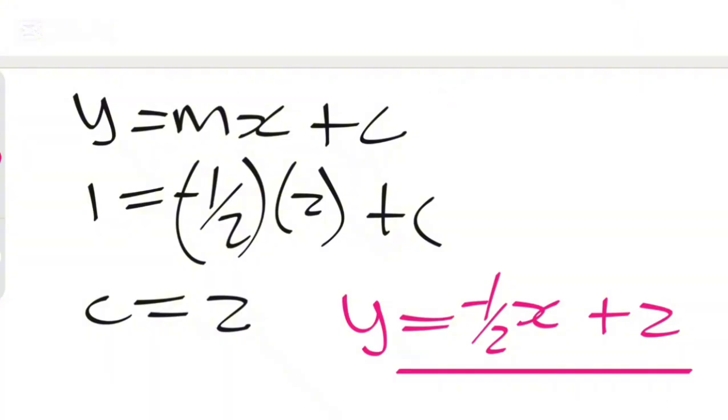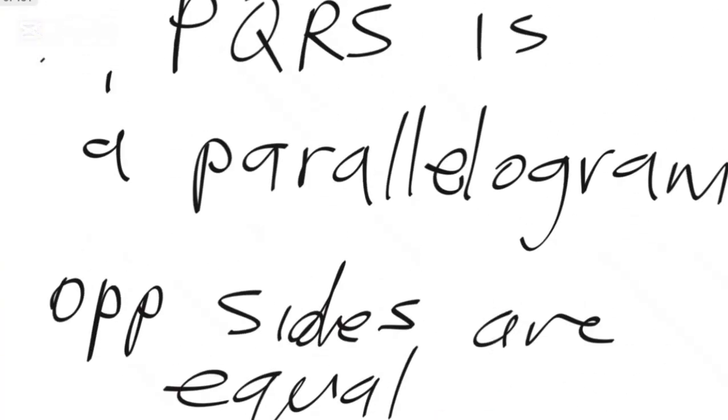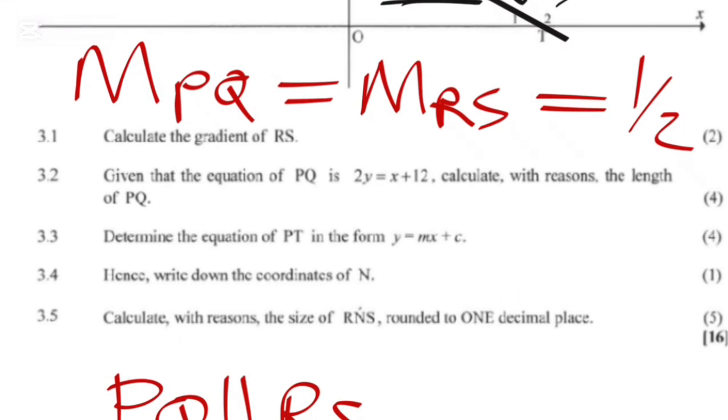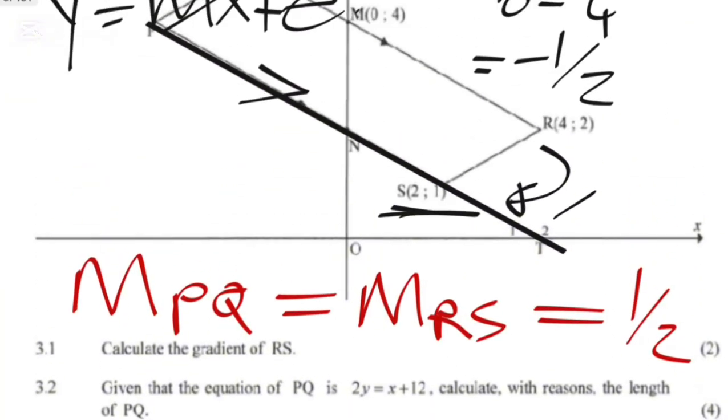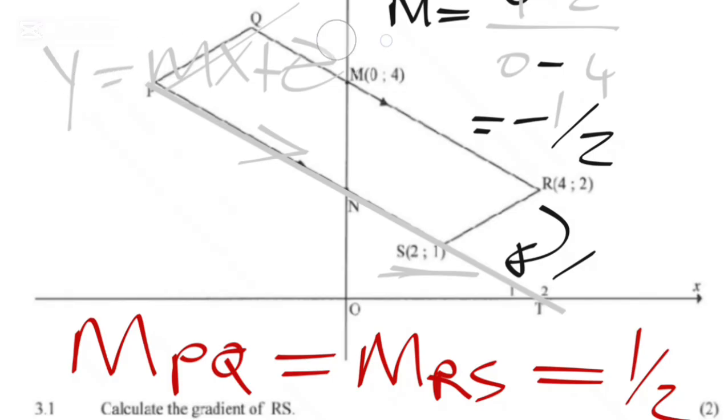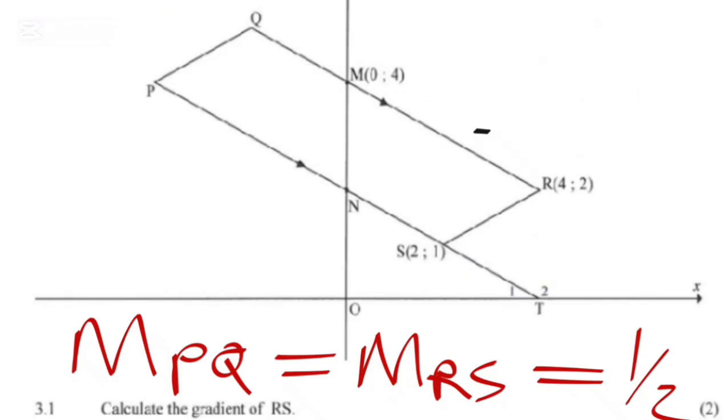Then the next question, question 4. Hence or otherwise determine the coordinates of N. When they say hence, they are telling us that we ought to use our previous answer. We are looking for this one, which is the y-intercept.